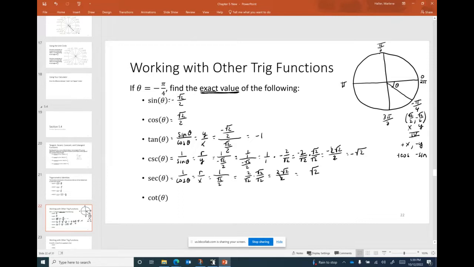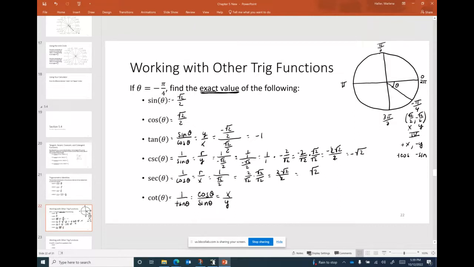And then lastly, we have the cotangent. The cotangent's fundamental identity, we could write as 1 over the tangent of theta, or as the cosine of theta over the sine of theta, or its ratio definition is x over y.